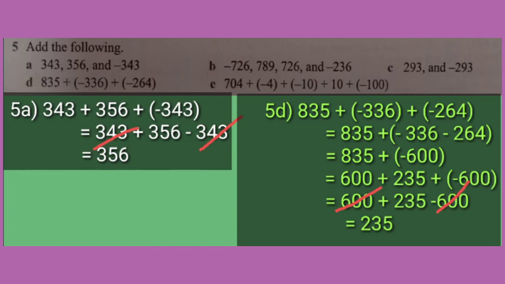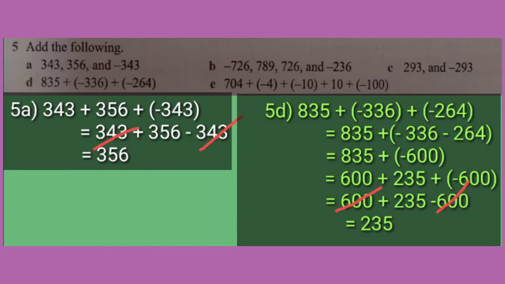Question number 5. Add the following. Part D: 835 plus minus 336 plus minus 264. Here 835 plus minus 336 plus minus 264. Now add the two negative values, that is minus 336 and minus 264. We will get minus 600.